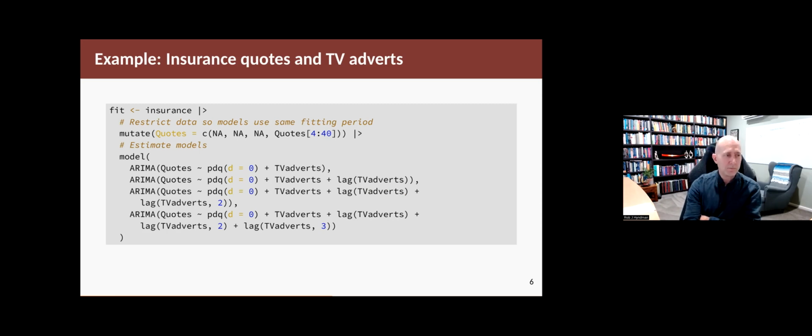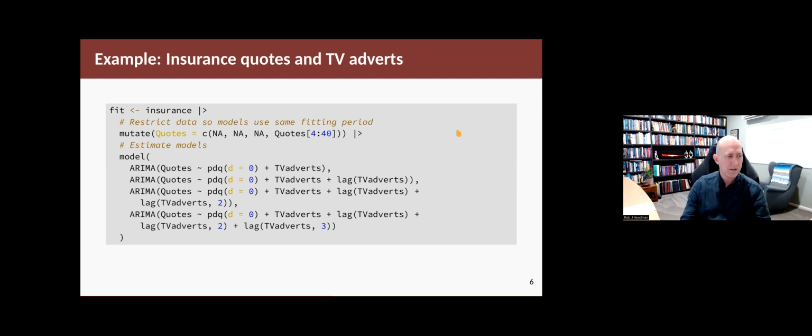So to make them comparable, we have to ignore the first 3 values of quotes so that we can deal with a lag of 3 in the last model. Obviously, for the first few models, we don't need to ignore 3 values, but to make them comparable, we need to ignore all 3 values.